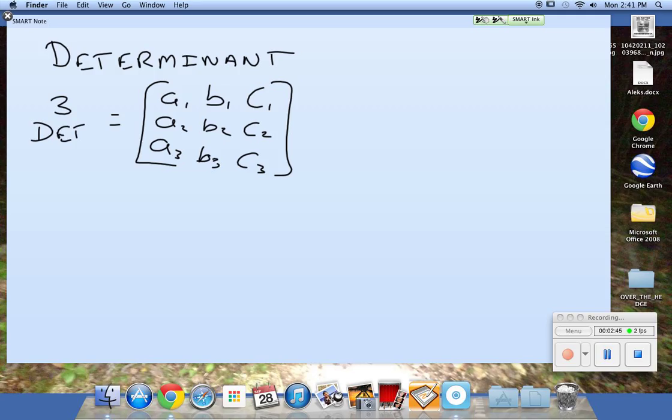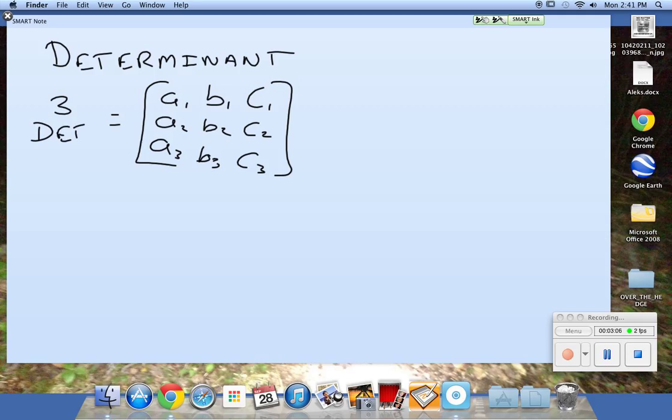Here's how this one works. We don't cross multiply like that. We start off this way. We're going to have 3 2 by 2s in this. We've got a 2 by 2 here, we've got a 2 by 2 here, and then this one and this one make up a 2 by 2.